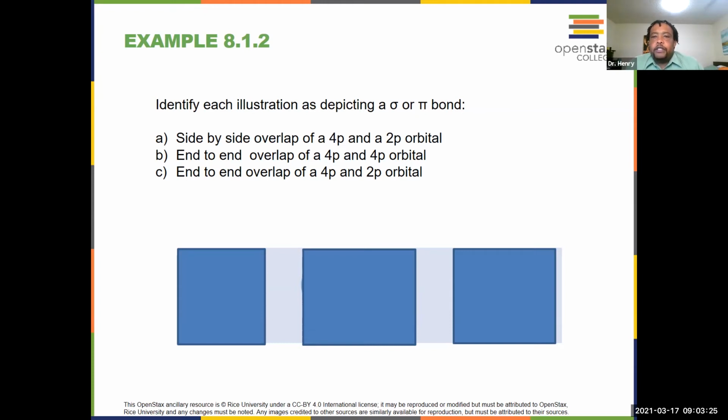Okay, what is going to be the difference between a 4p orbital and a 2p orbital? The energy? Okay, it's going to be energy, and who's going to be bigger? 4. Okay, 4p is going to be bigger, right? But they're both going to look the same. What are they going to look like?